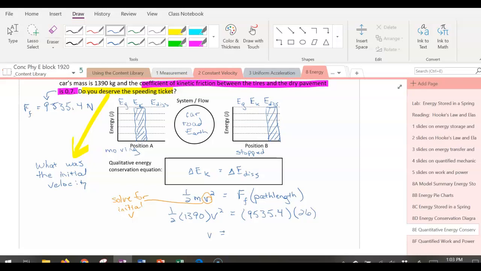I'm going to divide by a half, and I'm also going to divide by the 1390. And so I get that V squared is 356.72. I'm going to take the square root to find V, and I get 18.887 meters per second. So yes, I deserved the speeding ticket.